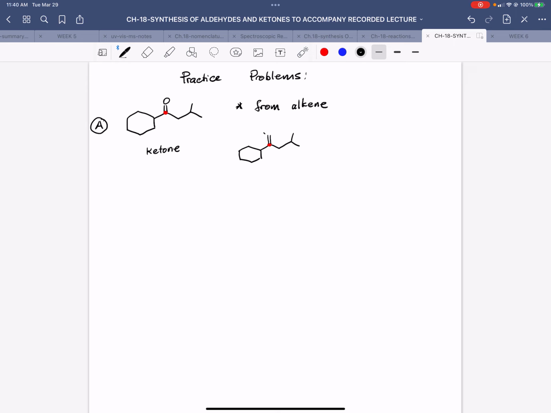So I'm going to use this alkene for a very simple reason. If I apply harsh oxidative cleavage here by using hot concentrated KMnO4, the cleavage will give me a ketone on one side, and that would be the molecule of interest.